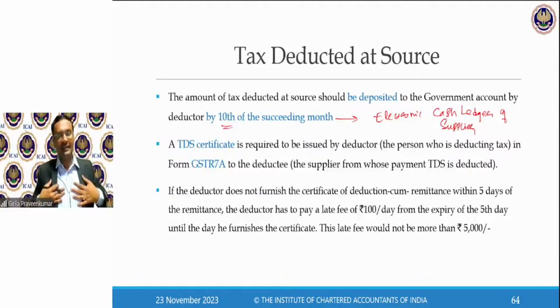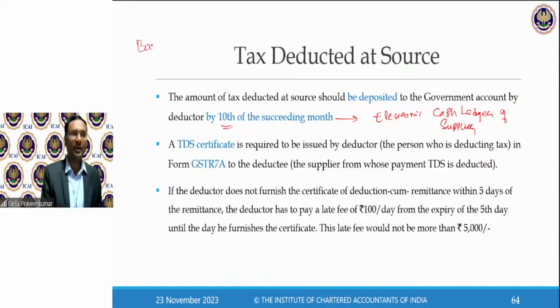I am a service provider or a supplier. Then whatever TDS is deducted by my client will come into my electronic cash ledger. What do I have to do? When I log into my GST portal, there is a window, TDS, TCS. I don't know how many of you have done a bank audit.